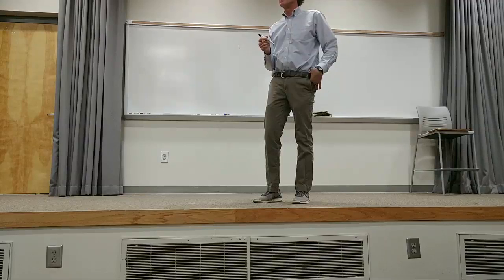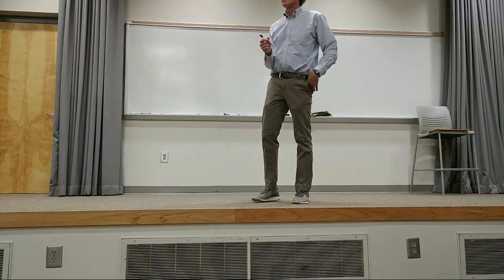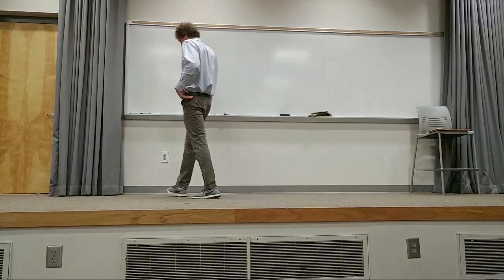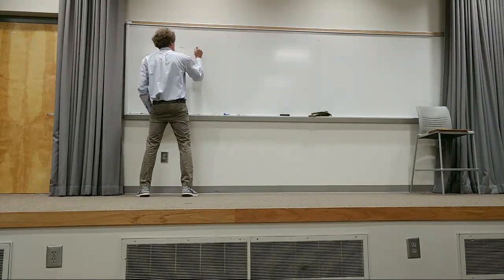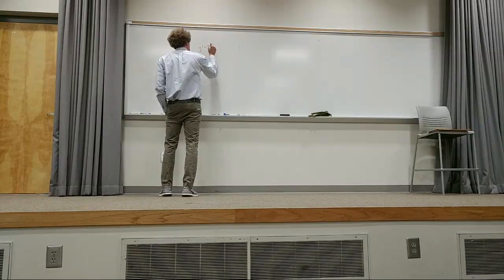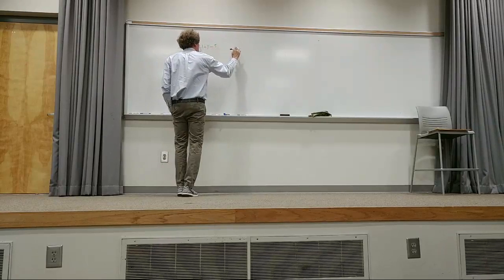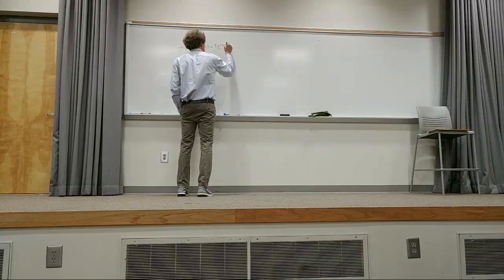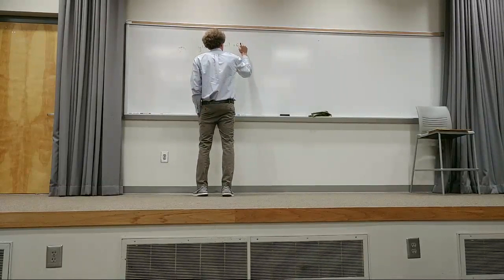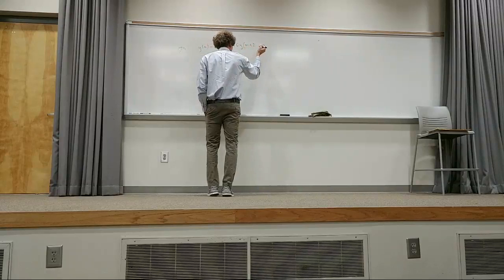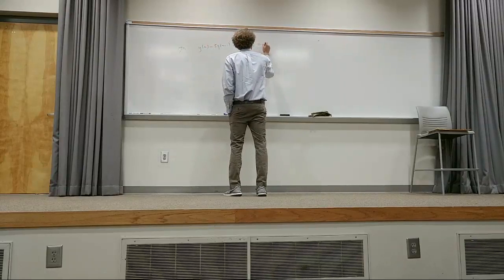The problem is you're solving for y of n and you have a difference equation: y of n minus 5 y of n minus 1 plus 6 y of n minus 2, and that's equal to 4 u of n.